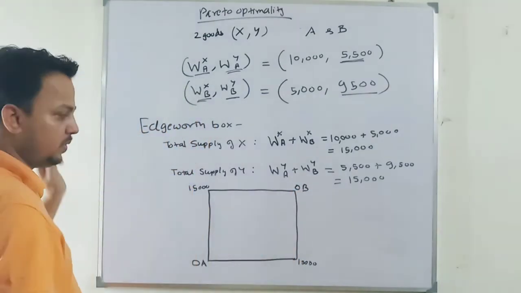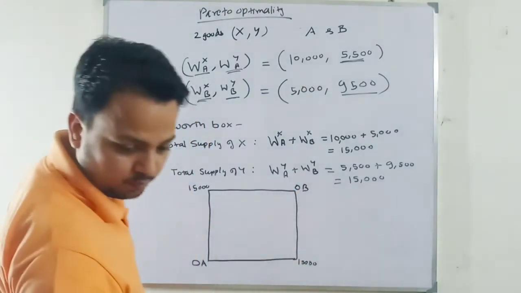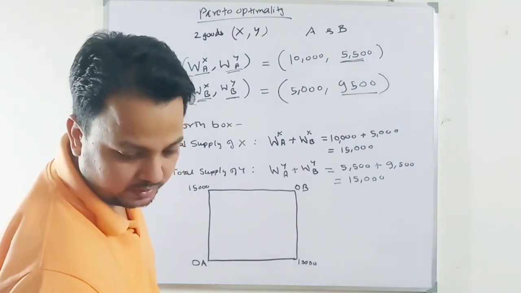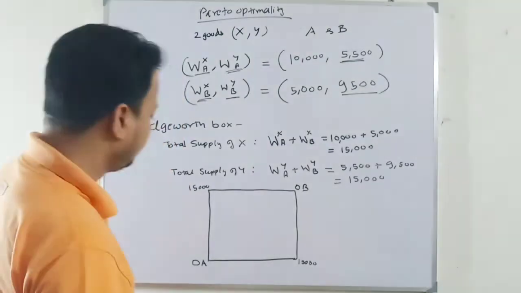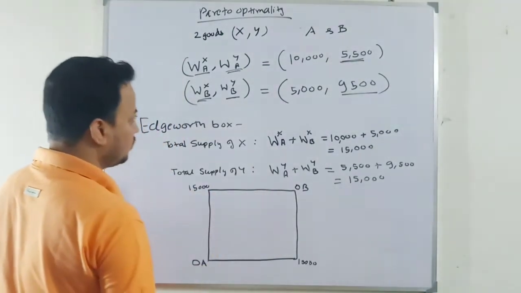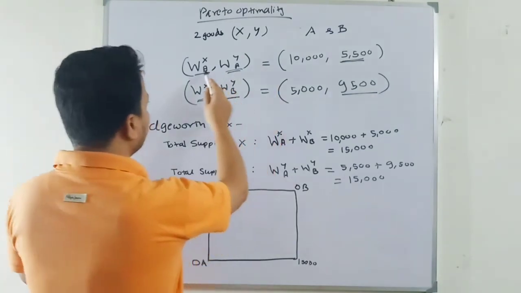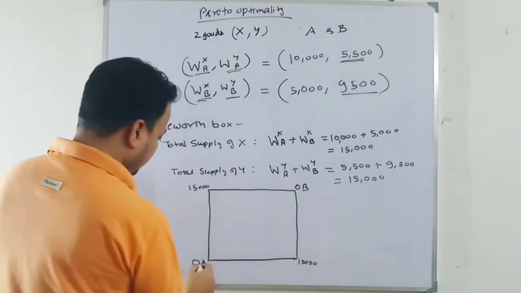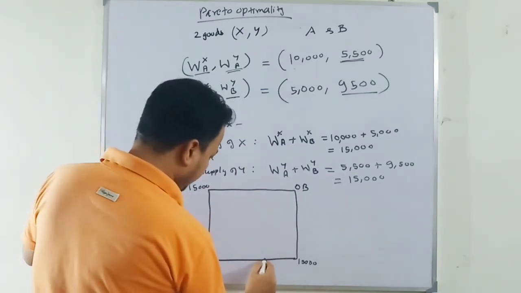You have been asked to draw the Edgeworth box showing the initial endowment of both consumers. So we need to show the endowment also. For X, consumer A has 10,000. This is good X, so this one has 10,000.